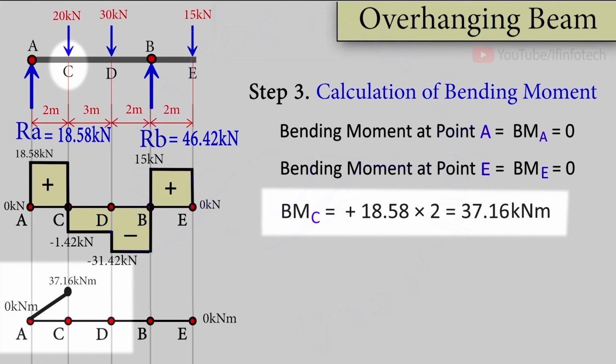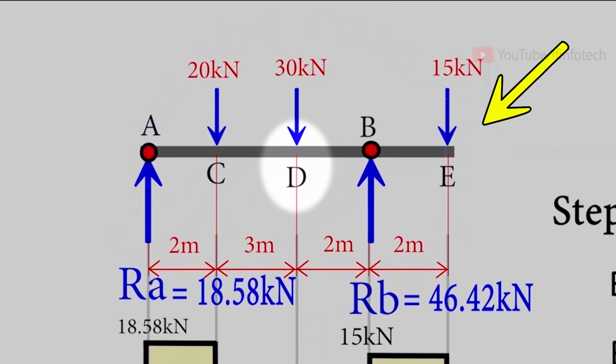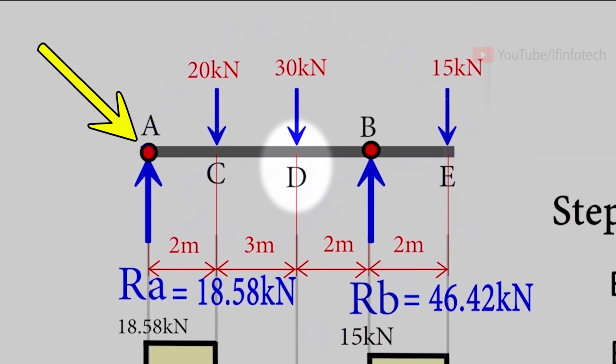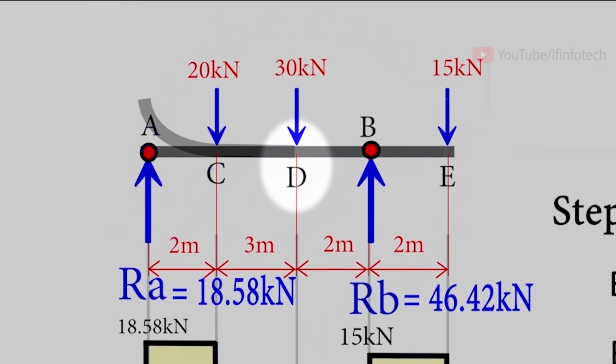Now to calculate bending moment at point D, you can start either from left hand or right hand of the beam. Here I will start from left hand, and on the left hand there is an upward reaction force of 18.58 kN, and due to this force the effect on the beam is sagging effect, and for sagging effect our sign convention is positive.